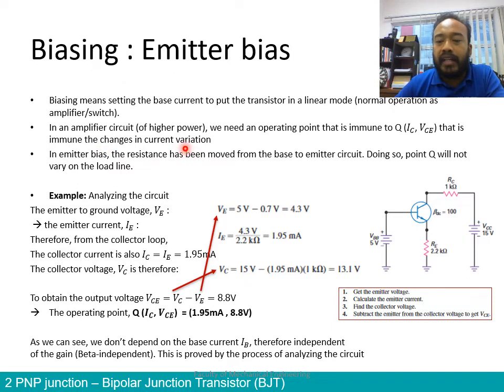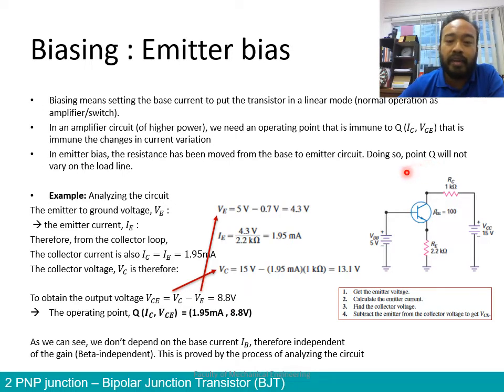Okay, so if there are any changes in terms of the base current, we need to have a more or less stable position of point Q, or the pair of IC and VCE. In order to do so, this emitter bias configuration is very useful, because the point Q will not vary on the load line.